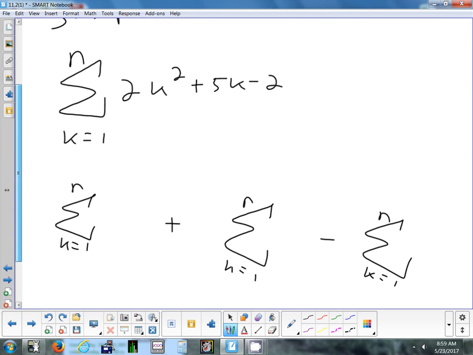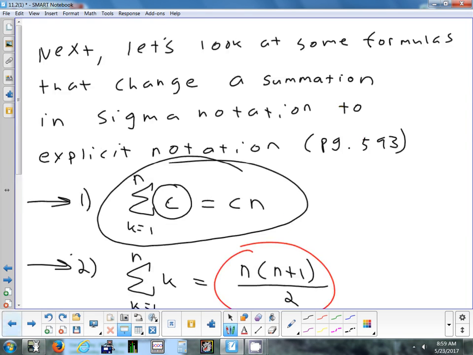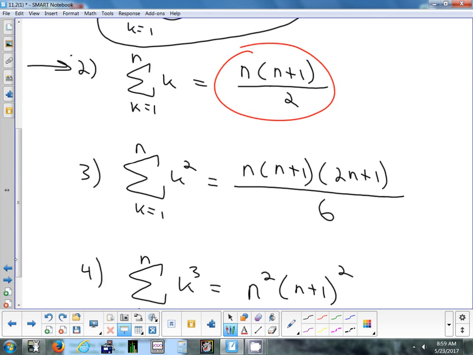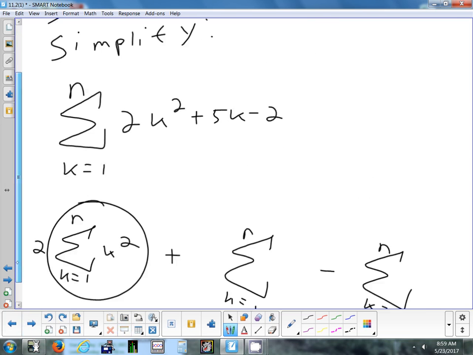What's the first one going to be? 2 on the outside, and then k squared. So you're going to have to look up the formula for adding up the perfect squares, and we have that right there. So that's the first formula you would substitute in.